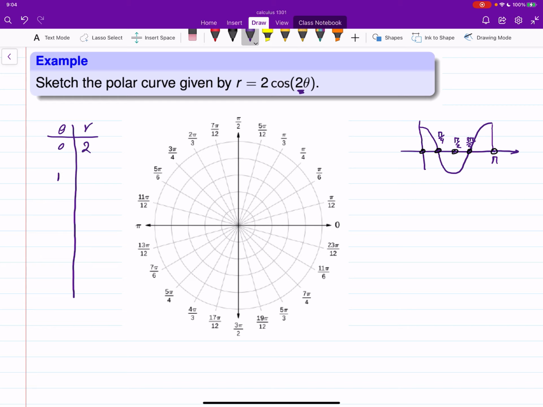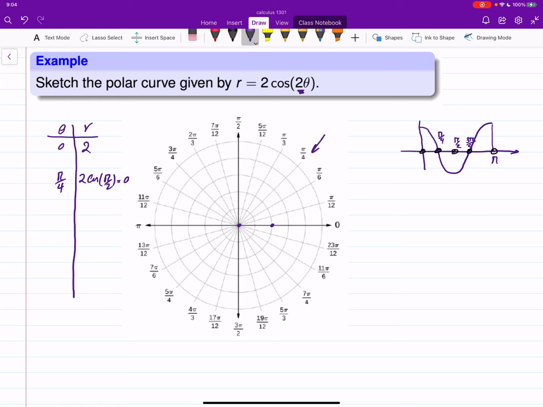And at pi over 4, cosine of pi over 2 is 0. So it means at 0, we start with r equals 2, and then at pi over 4, we go back to 0.